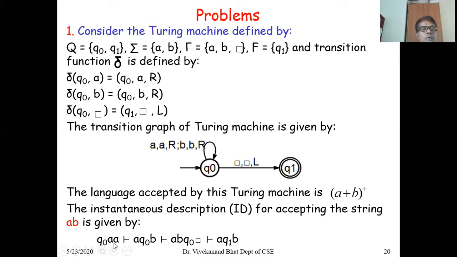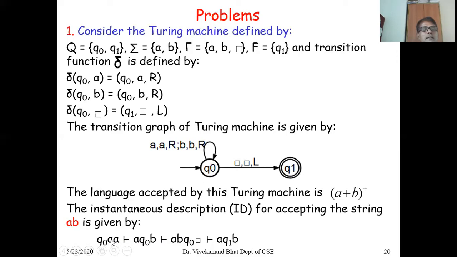Q0 is pointing to A, our tape containing two symbols, A and B. So Q0 is pointing to A, it will read A and replace A by A, and move right.